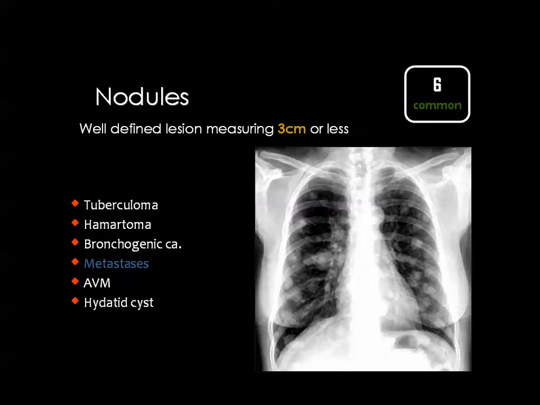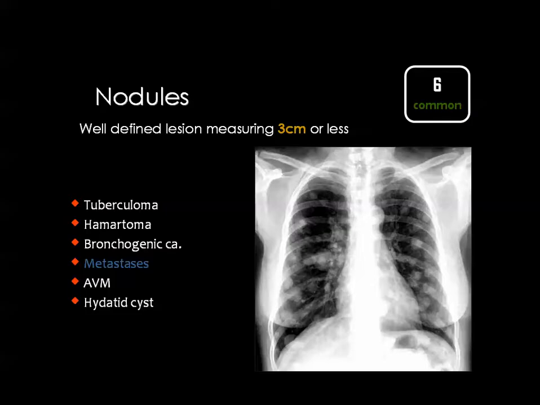Then, if you decide that you are dealing with pulmonary nodule or nodules, what are the possibilities? If you open the books, you will see a major list of the differential diagnosis of pulmonary nodules. But actually here we would like to put our fingers on the most common nodules seen usually in clinical practice.